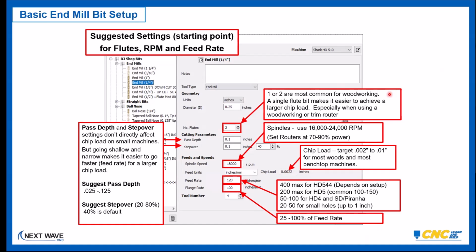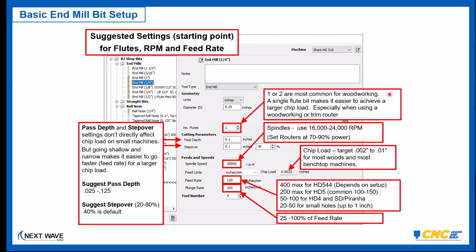The advantage of using a single flute in some situations is you actually double the thickness of your chip, because rather than 2 flutes cutting it in the same amount of time, 1 flute is cutting it, so it takes a bigger bite. And this is particularly useful if you're using a woodworking router or if you have an SD tool with a trim router, which tend to run always over 20,000, 25,000 RPMs.